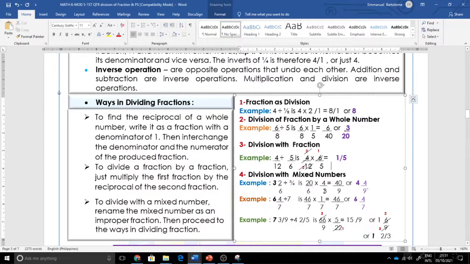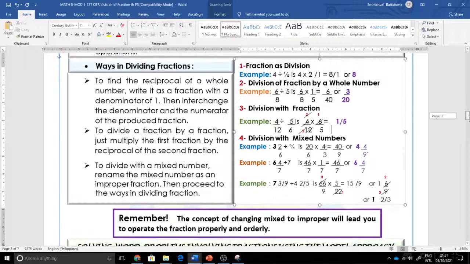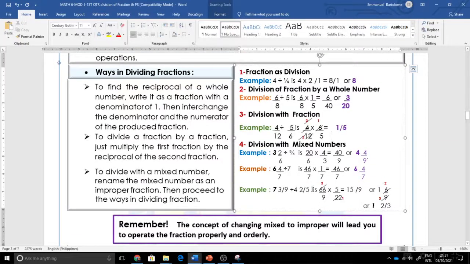Then use cancellation or direct multiplication, whichever is easier for you. Okay? Even if you have a mixed number divisor, you should also change it to improper. So 9 times 7 plus 3 and 5 times 4 plus 2.